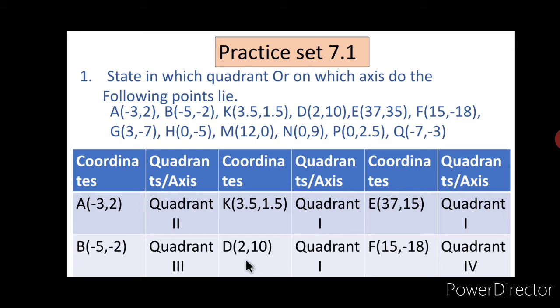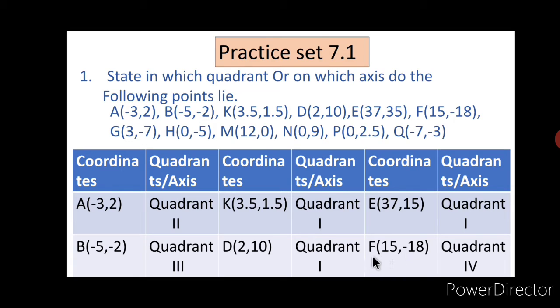Then next point is D. Both the coordinates are positive and therefore this point D also lie in the first quadrant. Then E point, the coordinates of E points are 37 and 15. Here also both the coordinates are positive and therefore this point lie in the first quadrant.